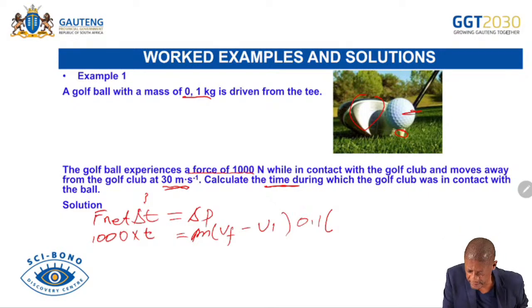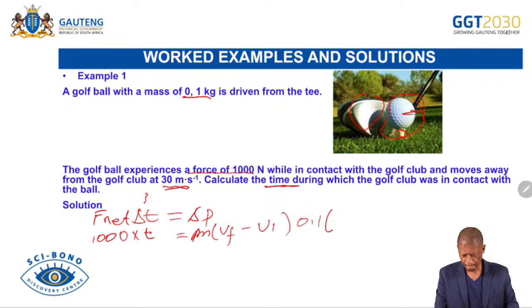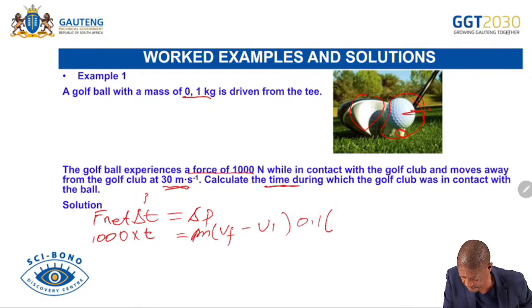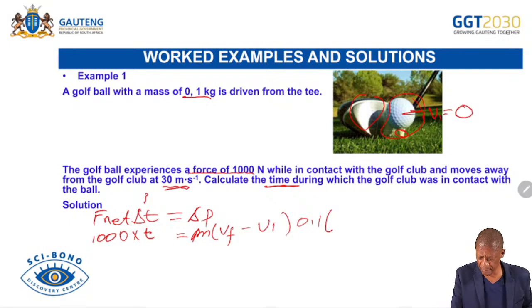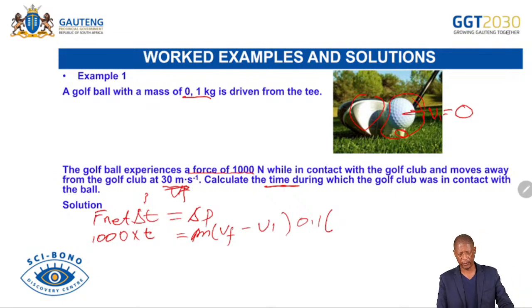The ball was standing, having no movement initially. So our initial velocity, vi, equals 0 because there's no motion. Therefore, this one is going to be the final velocity, vf.